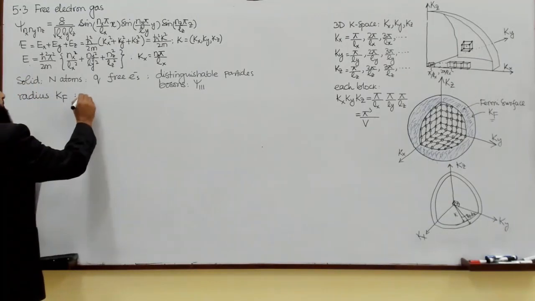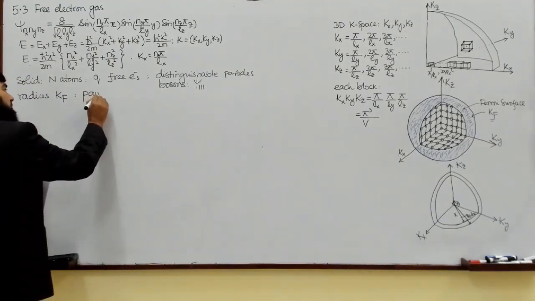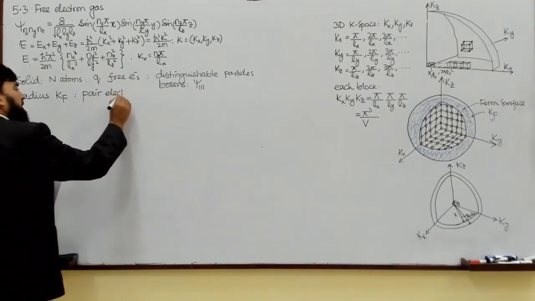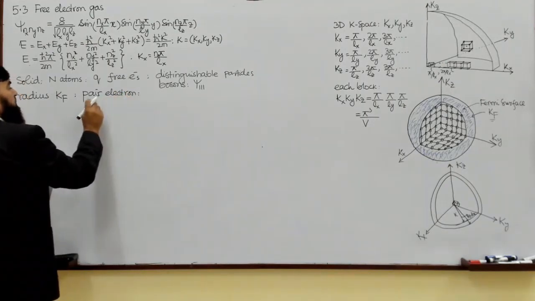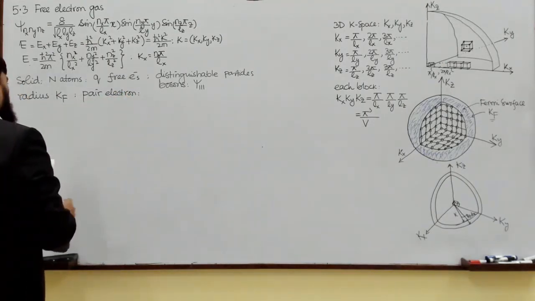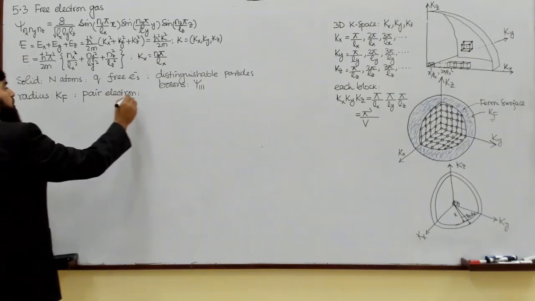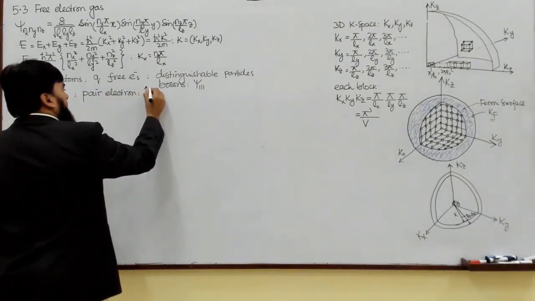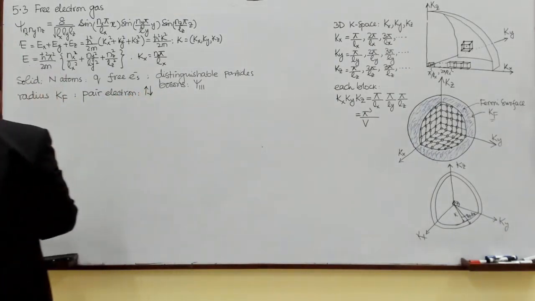We will consider a pair of electrons, because in one state we will have 2 electrons, one with spin up and the other with spin down.